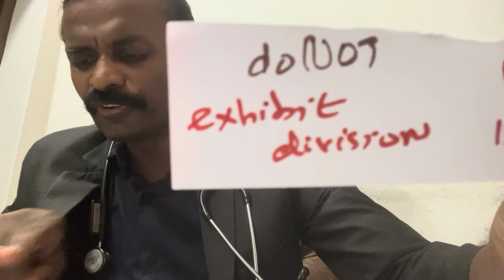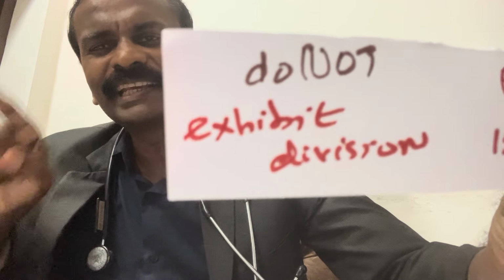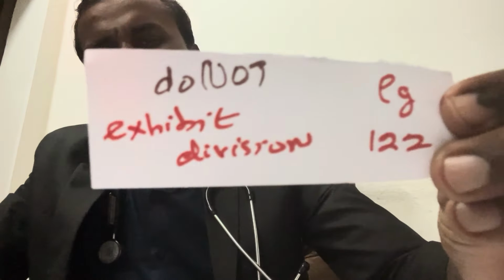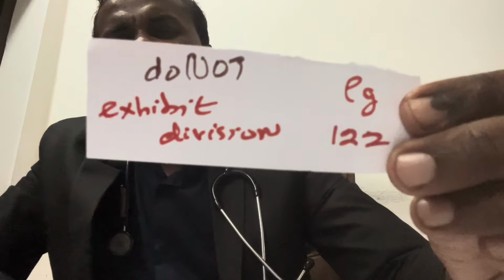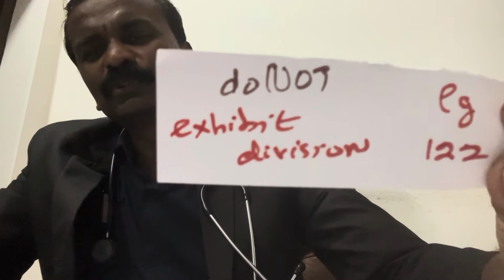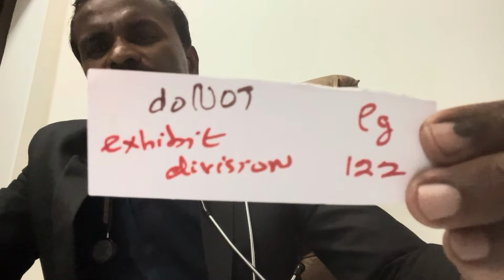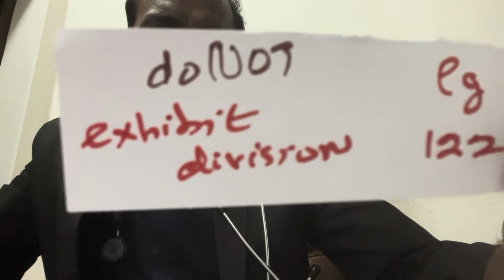What is the question? Which of the following cells do not exhibit division? See, you can see the page number also. You can refer that same page now. Do not exhibit division. Okay. Answer is heart cell.